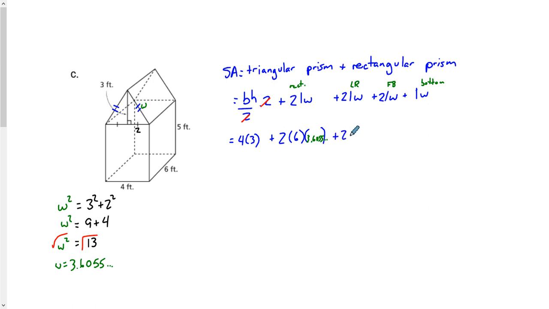Alrighty. So for the left and right, it would have dimensions of 6 by 5. For the front and back, it would have a 4 by 5 measurement.